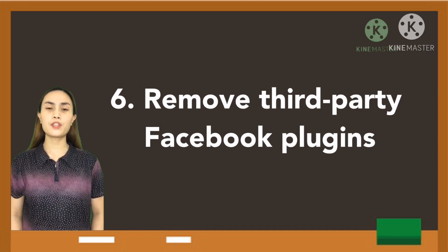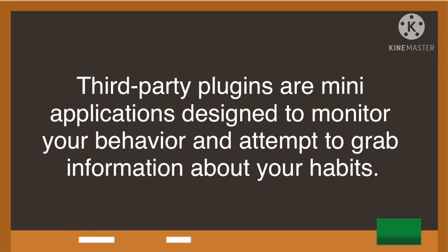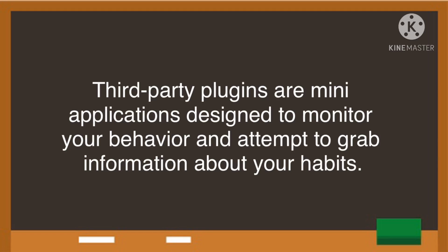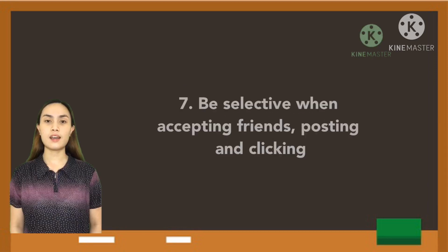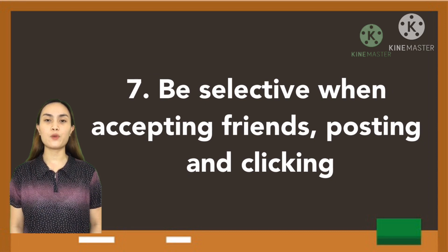Sixth, remove third-party Facebook plugins. Third-party plugins are mini applications designed to monitor your behavior and attempt to grab information about your habits. Seventh, be selective when accepting friends, posting, and clicking.